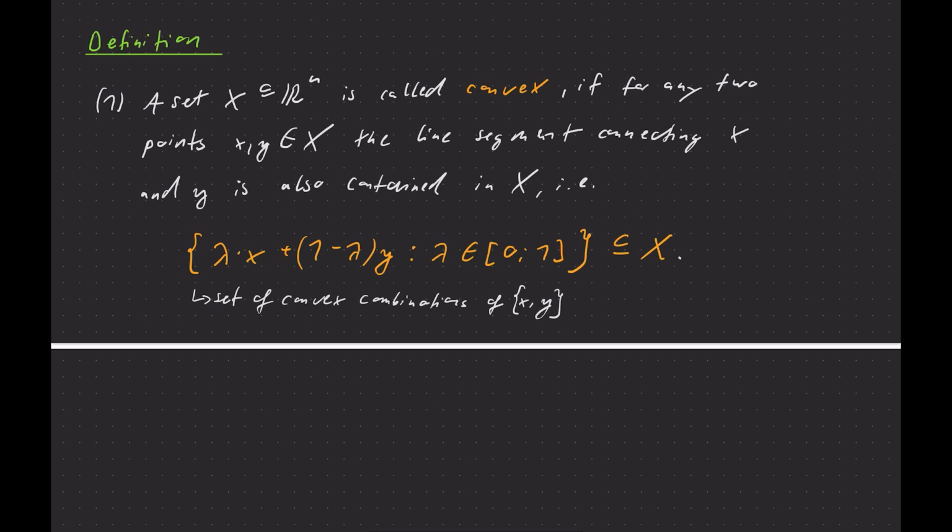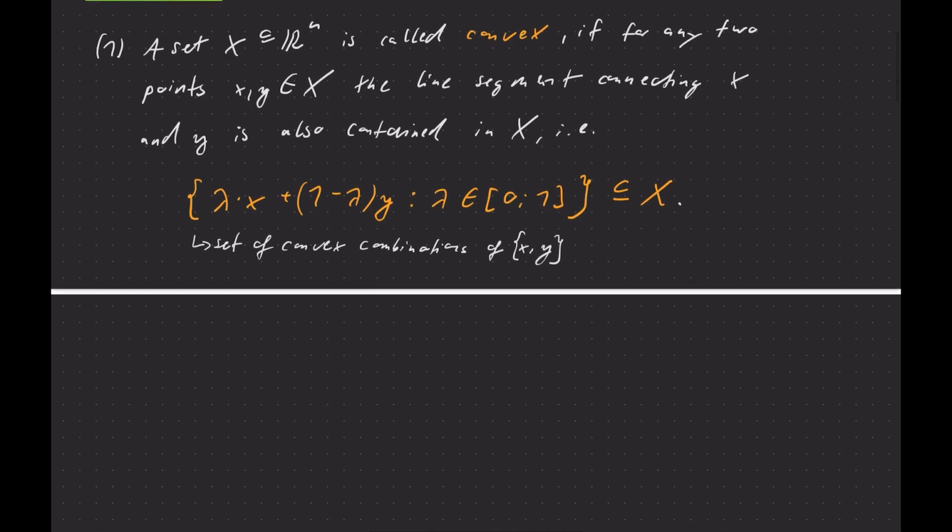First, all the parameters are between 0 and 1. And the second is the parameters always sum up to 1. So if we just have two parameters that sum up to 1, then we can say that's just one parameter and the other is then 1 minus lambda. That's what we're doing here. Okay, so that's a convex combination, but we don't really need that.